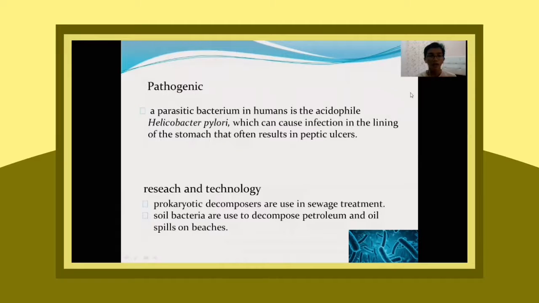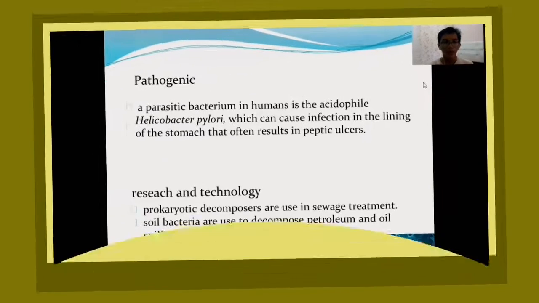The last one is the importance of the kingdom Monera for research and technology. Prokaryotic decomposers are used in sewage treatment, and soil bacteria are used to decompose petroleum and oil spilled on beaches. That's all from me. Thank you.